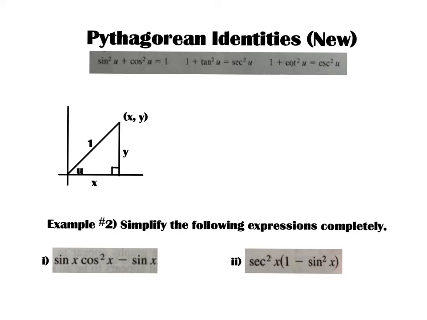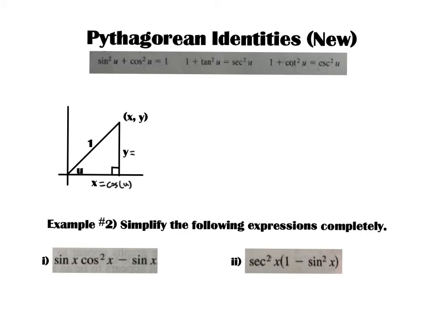Now, the Pythagorean identities come directly from this image that I've got drawn here, where u is the angle, the acute angle, x is the x-coordinate, y is the y-coordinate, and 1, of course, is the hypotenuse of the right triangle that's given. Now, in the last slide, what we did was we defined x as cosine of u, or cosine of theta.